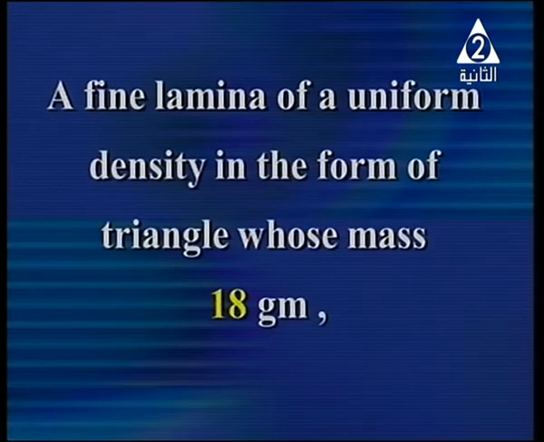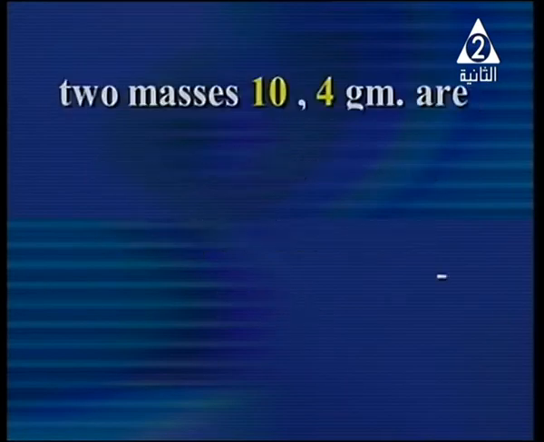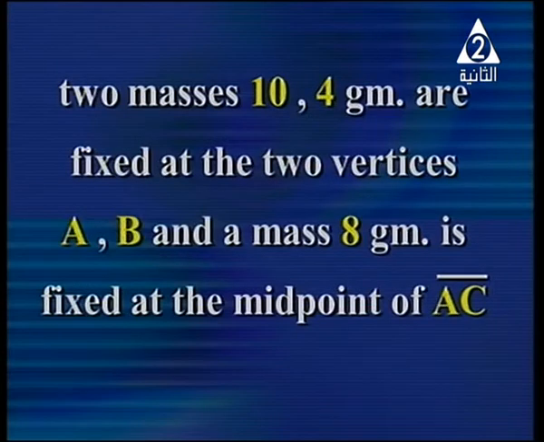Find the lamina of uniform density in the form of a triangle whose mass is 18 gram. Two masses, 10 and 4 gram, are fixed at two vertices A and B, and a mass of 8 gram is fixed at the midpoint of AC. We have 4 masses: the lamina, the other two masses 10 and 4 fixed at vertices A and B, and another mass 8 gram affixed at the midpoint of AC.